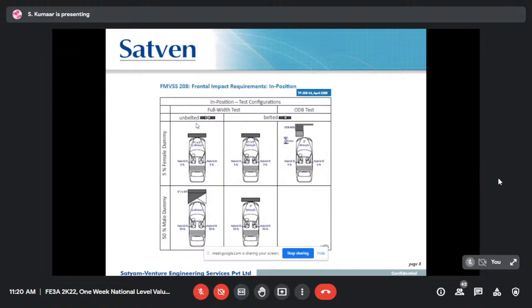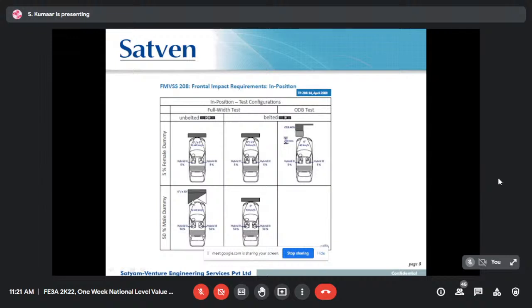Then we need to correlate the simulation with the physical test. If the results are matching, well and good. In case it does not match, again we need to go for different iterations on the simulation model and try to achieve this. The same way they have it for the 50% male dummy also.